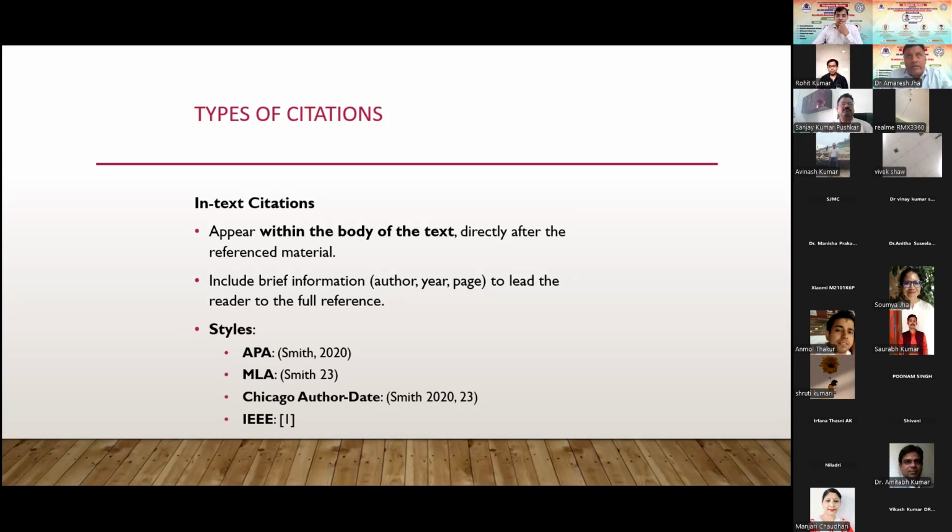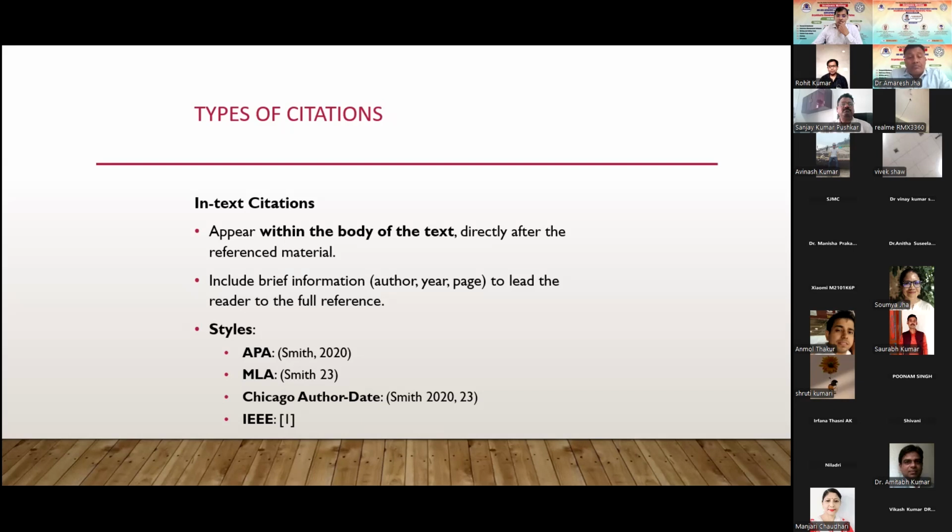So in-text citation, you all know, so your body of the literature or the article you are developing. You cite the previous works under brackets with the name and year of publication. So within the body of the text and directly after the referenced material to include. So there are different ways of doing it. So if someone writes like Smith under bracket 2020 studied this, that is also okay.